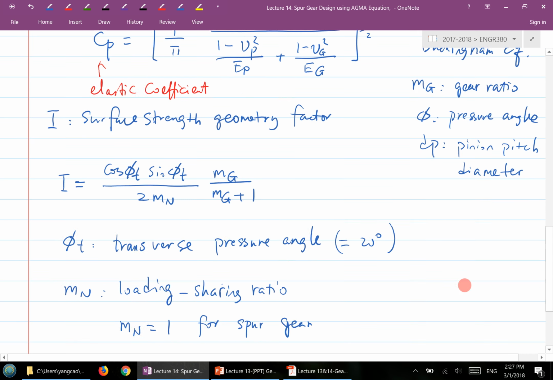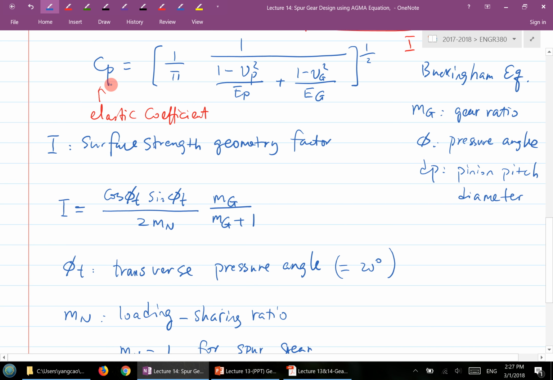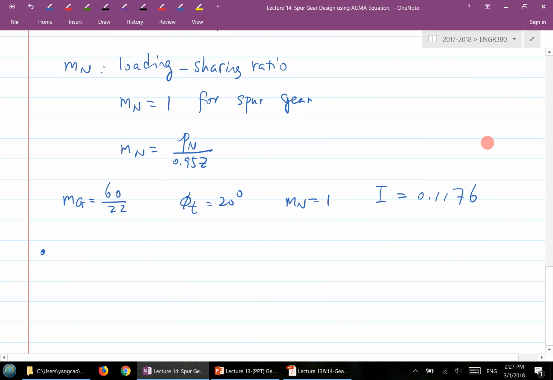If I look back at the equation here, I also have the elastic coefficient. The elastic coefficient is very easy to calculate as long as you find the Poisson's ratio and the Young's modulus based on the material of the pinion and the gear. So CP here is called the elastic coefficient.